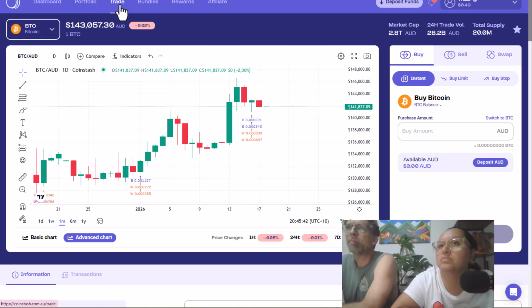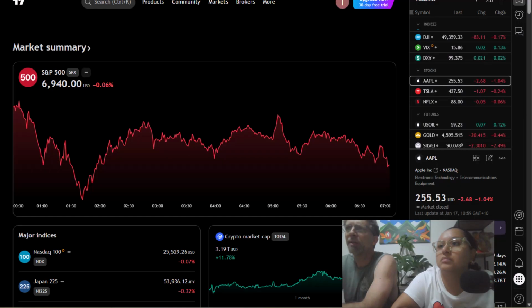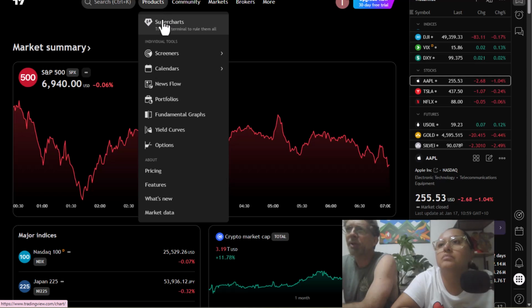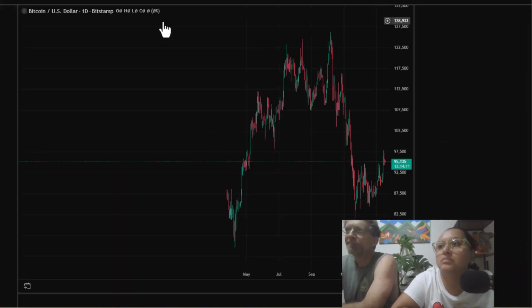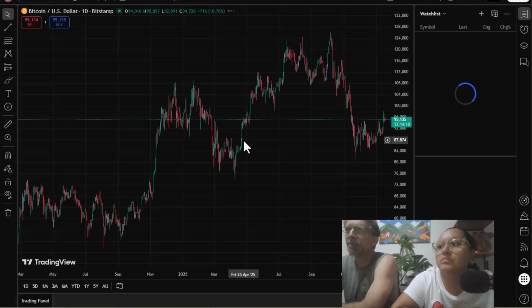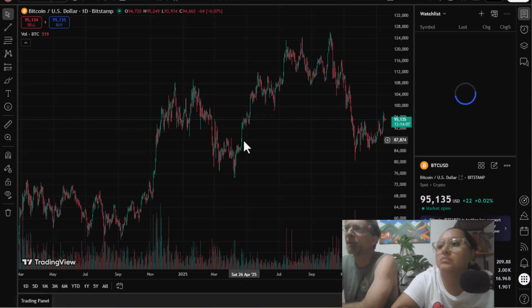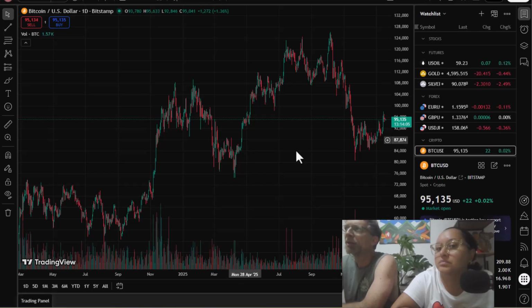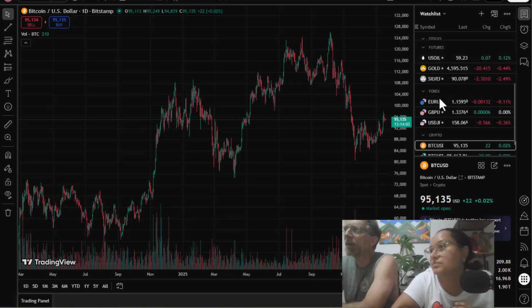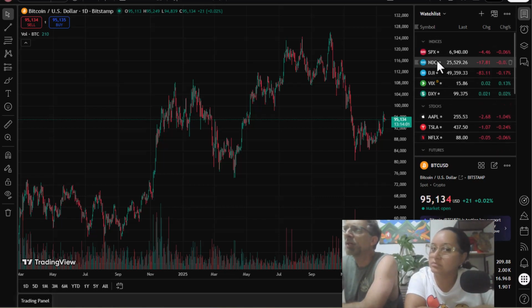So let's say we go back to TradingView. You go to Products and Supercharts. So here's where you can see all the different coins and futures, forex, crypto, they have it all. Indices, stocks.